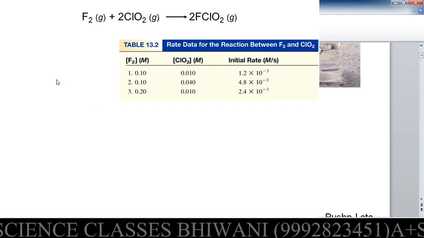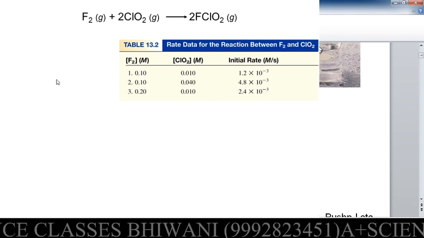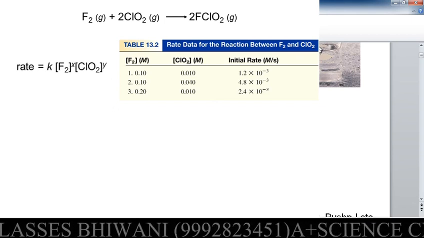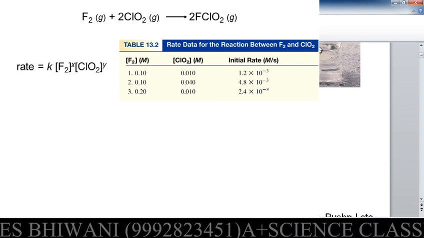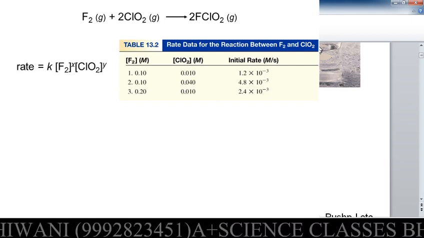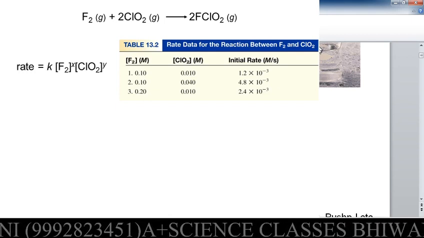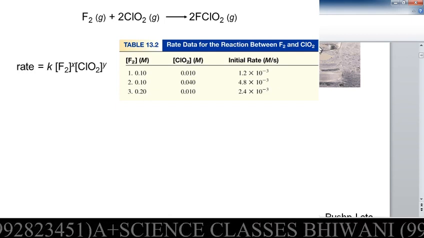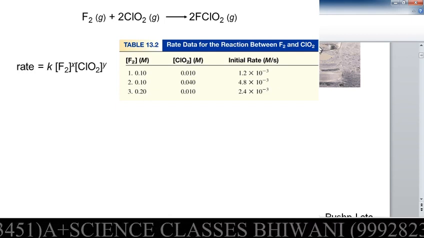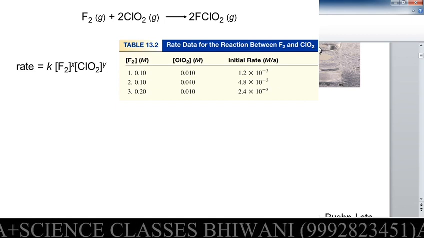So how can we write down our rate law? Rate law. This one is the rate law expression. And previously, as we wrote in our first lecture, that was the rate expression, not the rate law expression. Is it clear?